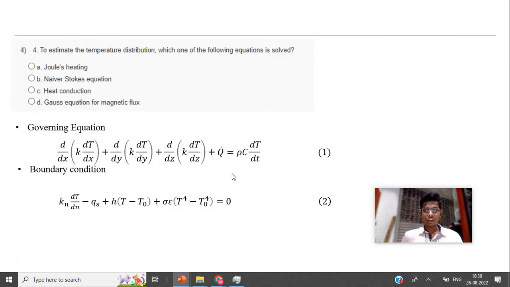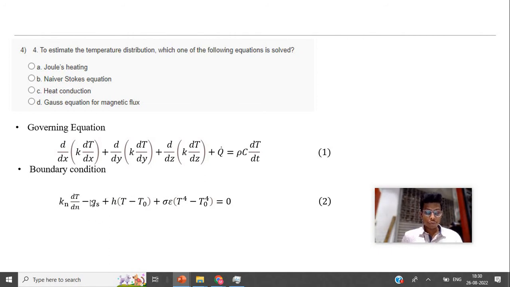Basically, heat loss will happen through conduction, convection and radiation, which will be given by the boundary condition. This K dT by dN is the heat loss through conduction, this h(T minus T naught) is the convection heat loss, and this is the radiation heat loss.